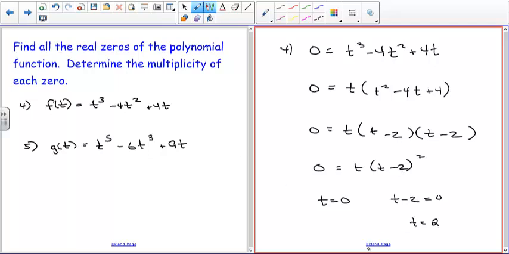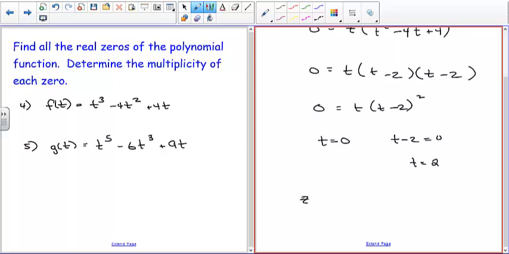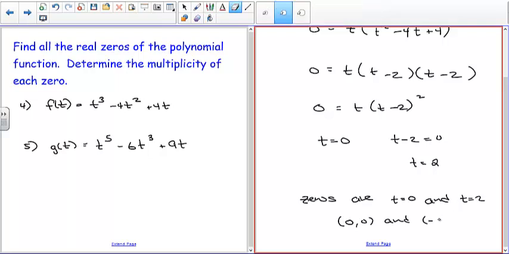So the answer is the zeros are x, or in this case t, equals 0 and t equals 2, or you could say it's (0, 0) and (2, 0). Those are the actual points on the graph.